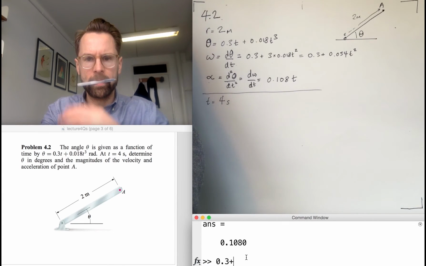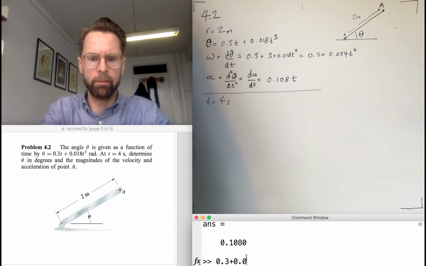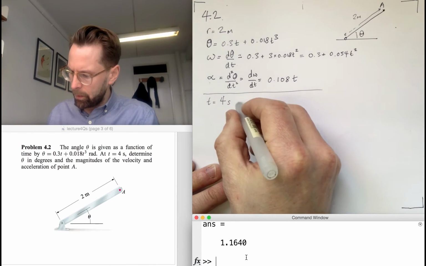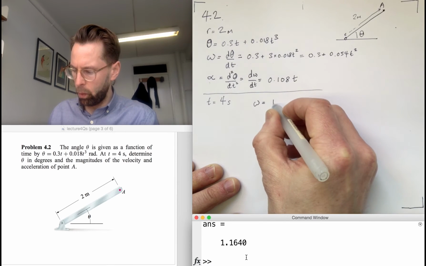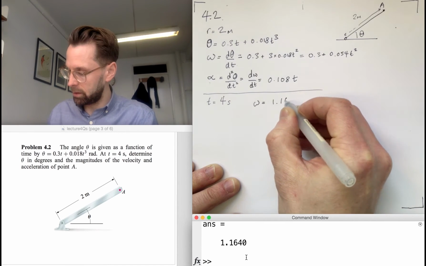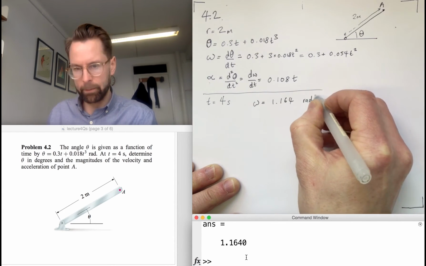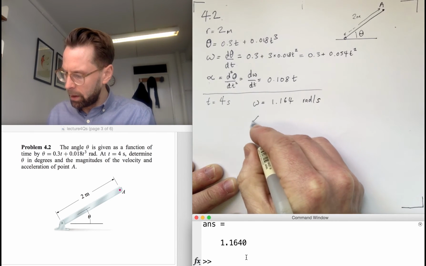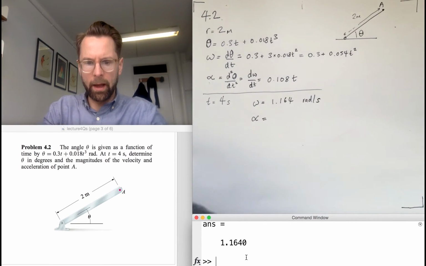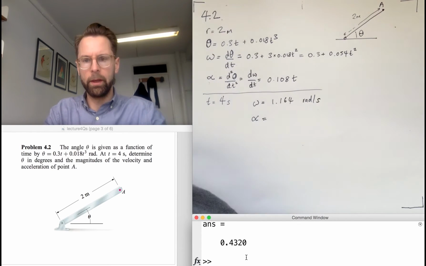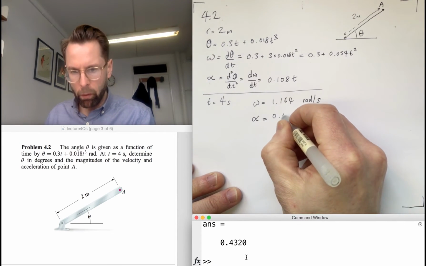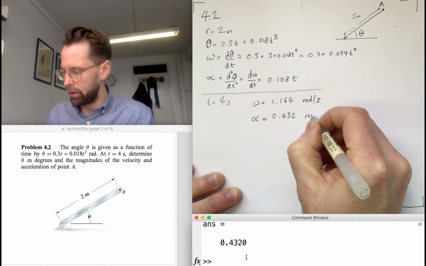Putting this into the angular velocity expression, 0.3 plus 0.054 times 4 squared, that gives us omega at 4 equal to 1.164 radians per second. The angular acceleration, 0.108 times 4, is equal to 0.432 radians per second squared.